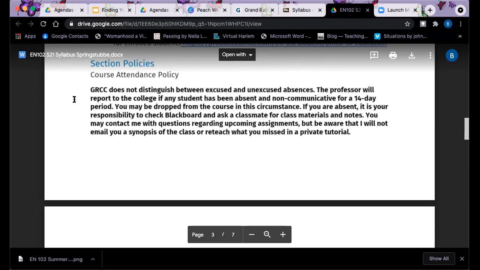This next part of this is really important to pay attention to. The professor will report to the college if any student has been absent and non-communicative for a 14-day period. So over the course of 2 weeks, if you disappear, you don't submit any work, and you don't communicate with the professor, you will be dropped.